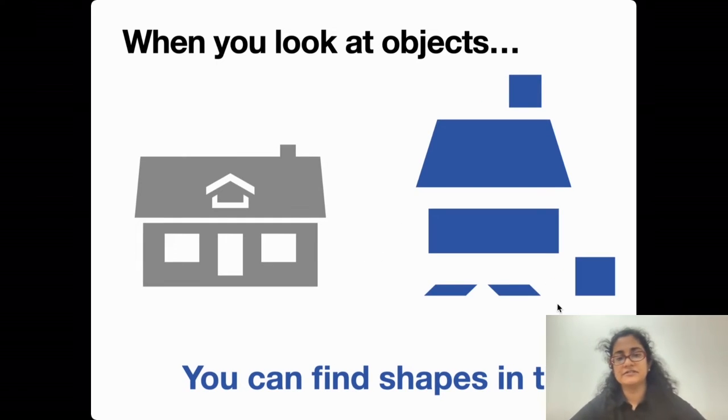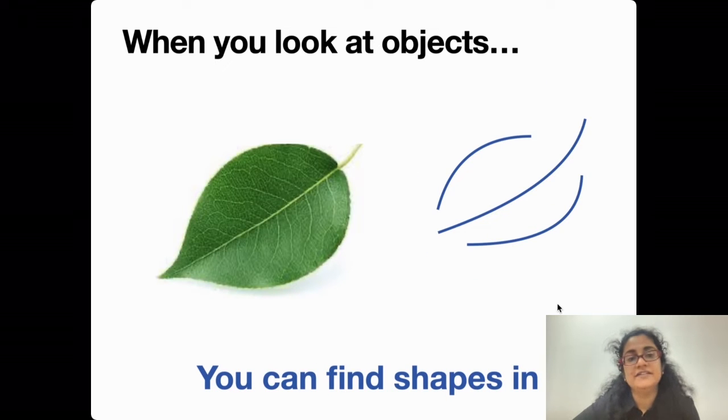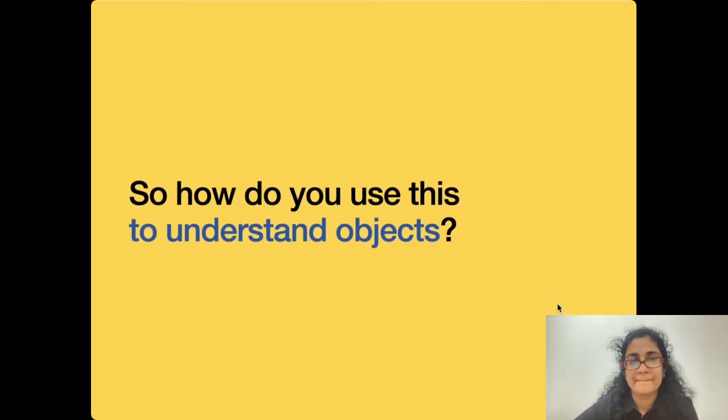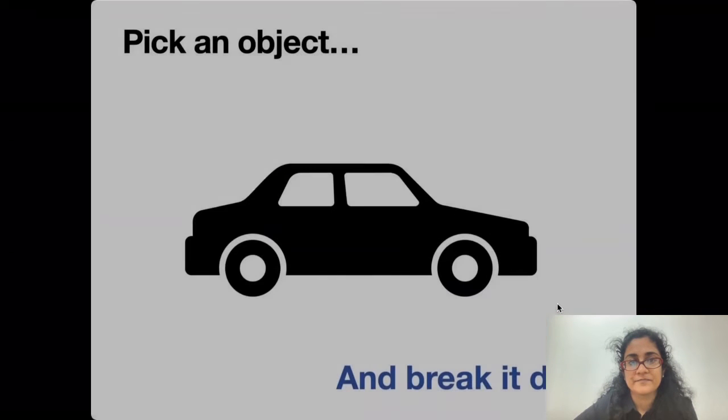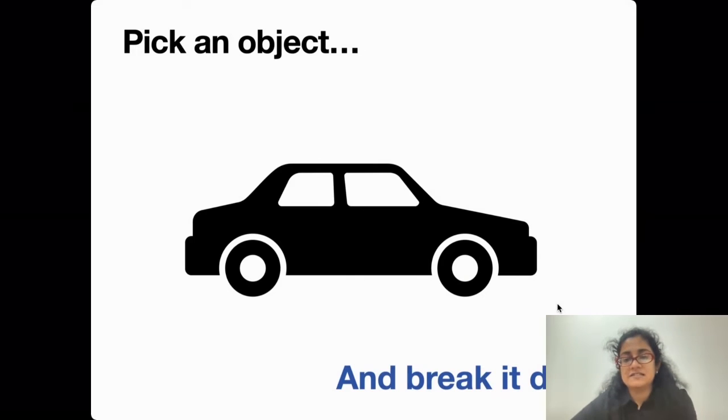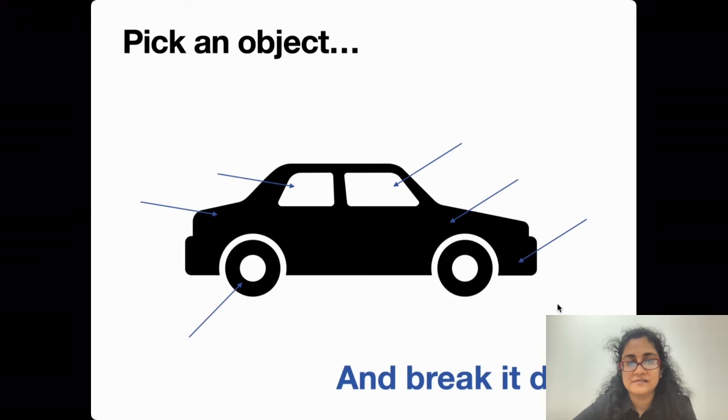So let's give it a shot. Try and take any recognizable object and break it down into shapes. What can you find in this leaf and in the house that you saw previously? Let's try this car. What shapes do you think we can identify in this car?